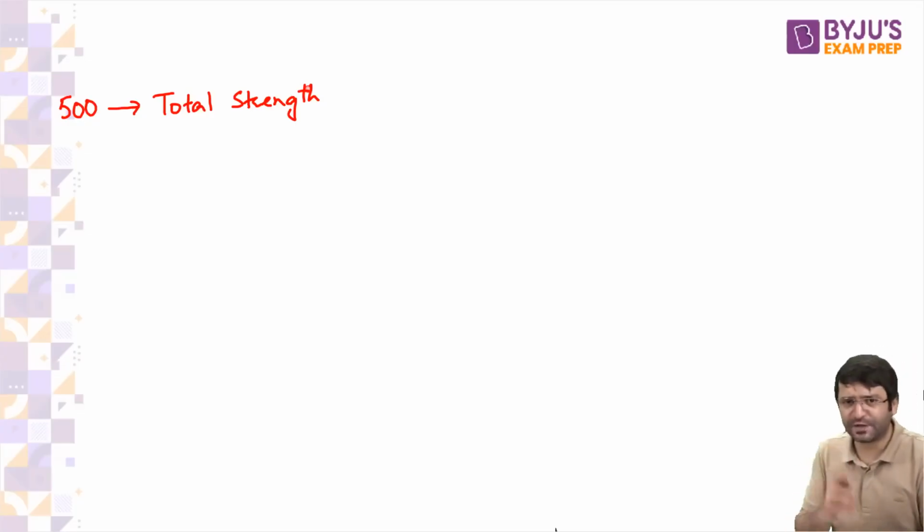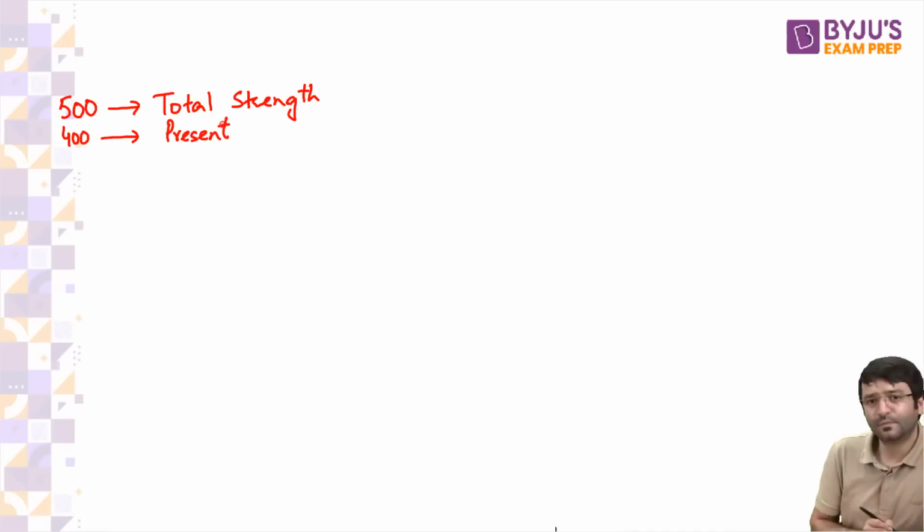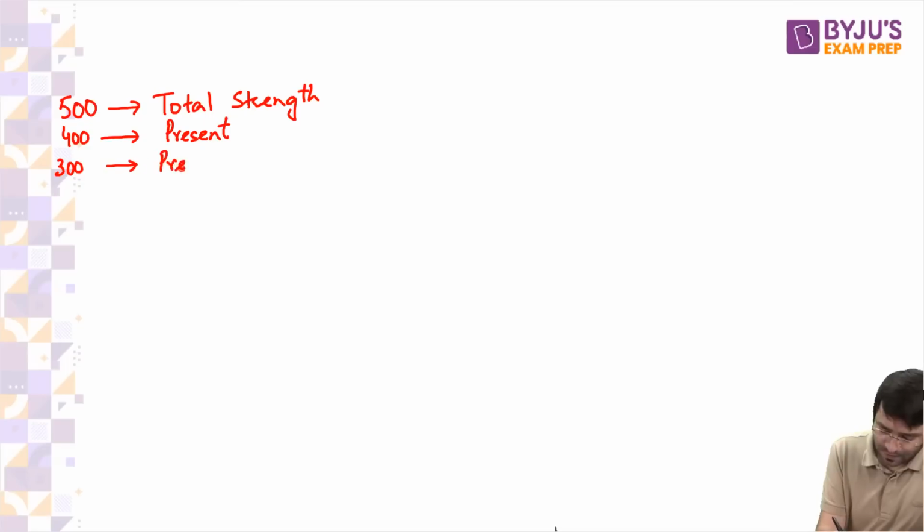And there are 400 people who are present. There are 300 people who are present and voting.